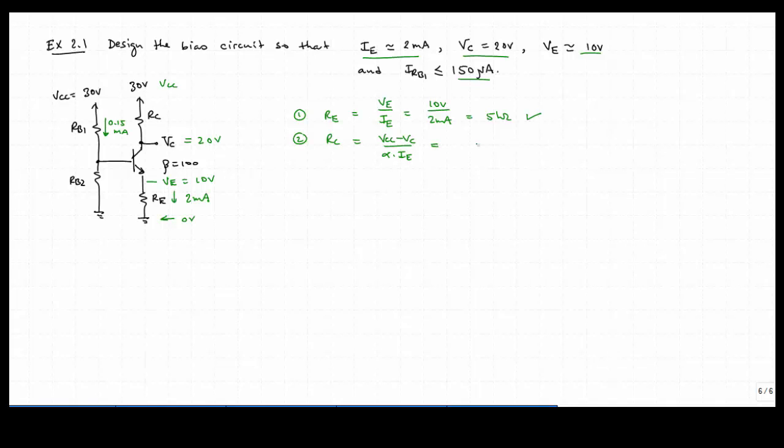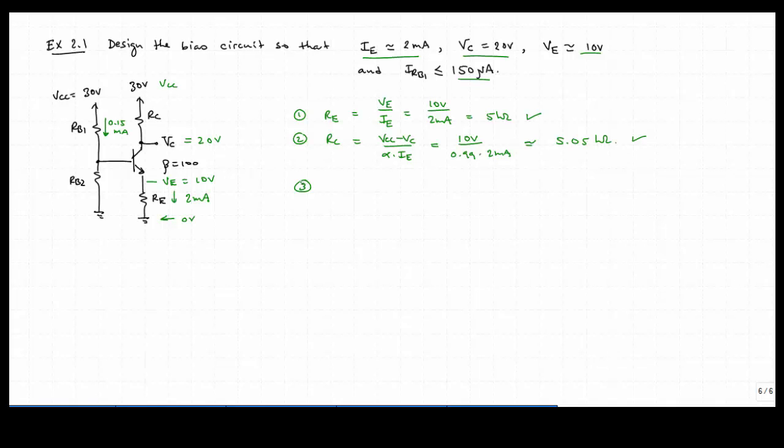Right, so this will be 30 volts minus 20, so that's 10 volts over, and our beta is 100, so this is 0.99, because that's beta over beta plus 1, 100 over 101 times 2 milliamps. So this will be, I'll just say approximately 5 kilo ohms. It's actually 5.05, but that's getting a little picky there.